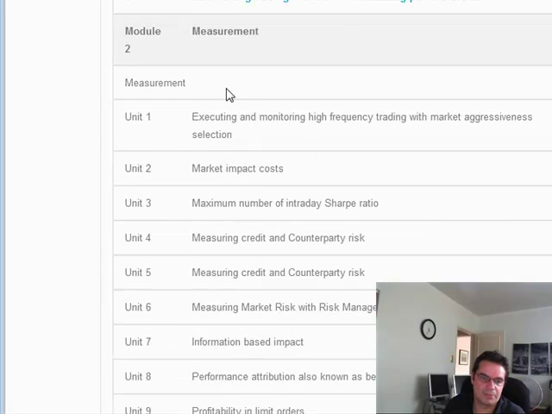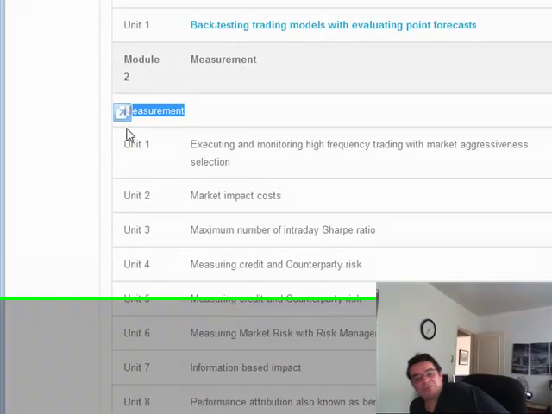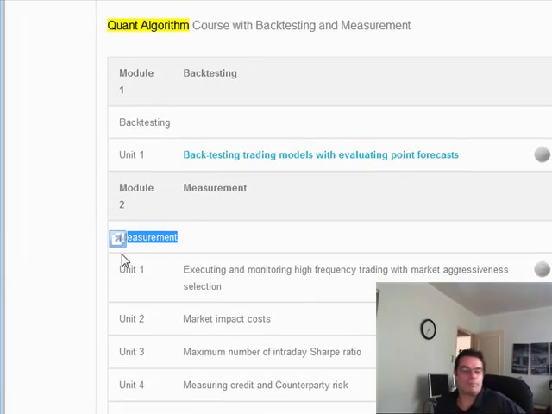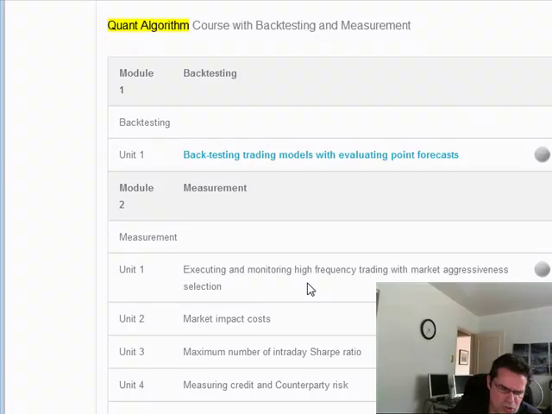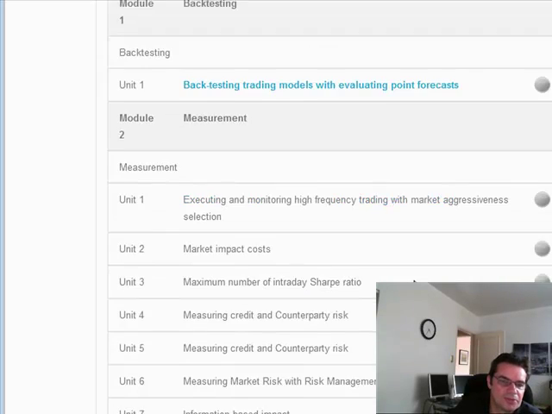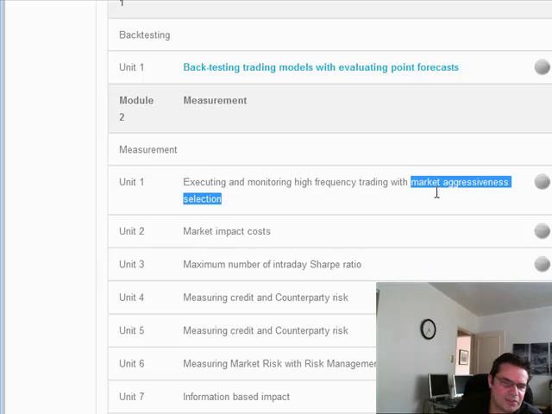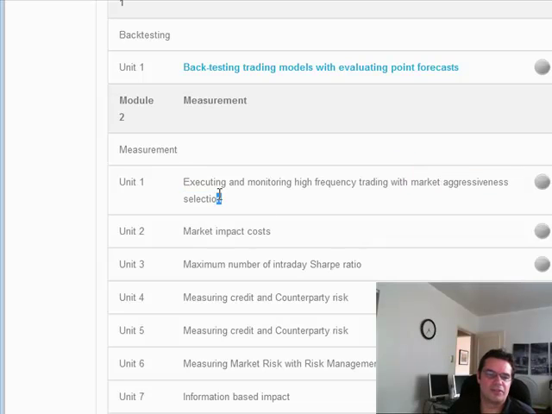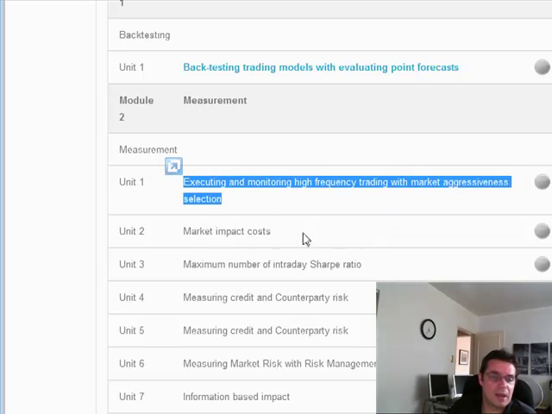So going back to the measurement, this actually is outside of trading. This is good for risk management, portfolio optimization, testing performance of your strategies, and that sort of thing. So you could have a system that will choose what's the best strategy to use, so that you can tighten up your market aggressiveness. If you have an army of strategies available, you can use various algorithms to calculate that.